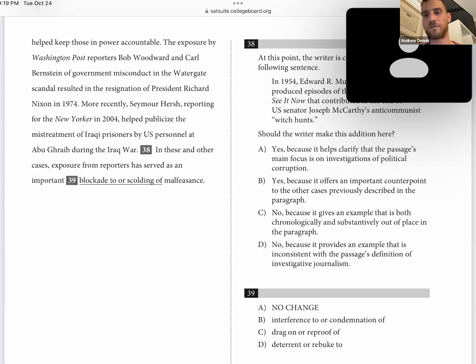But rebuke to malfeasance is a good sentence, and an important rebuke to malfeasance is a good sentence. Interference to or drag on doesn't make sense when you're saying interference to and condemnation of, drag on or rebuke of.